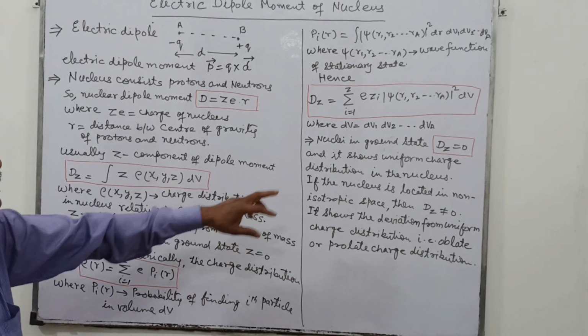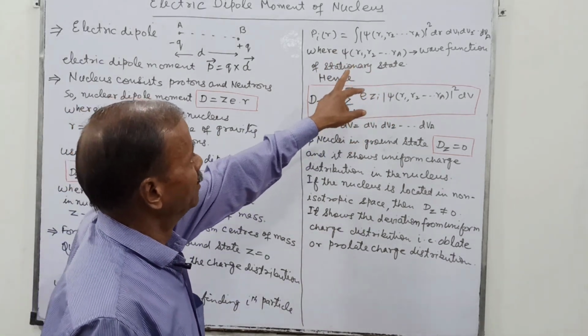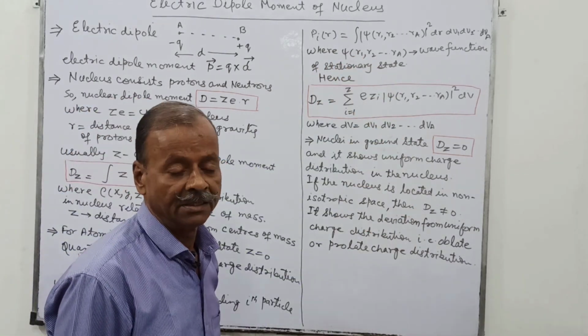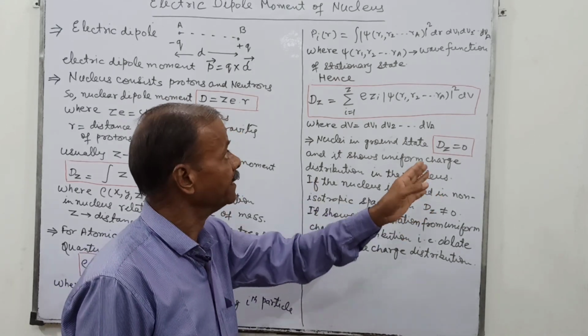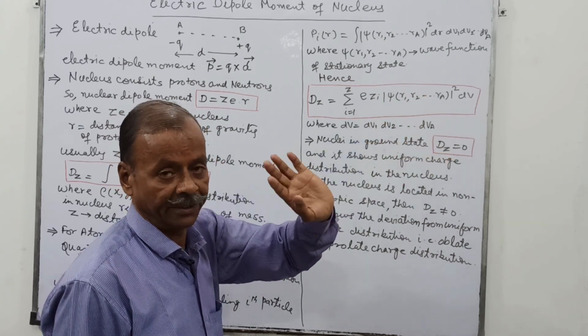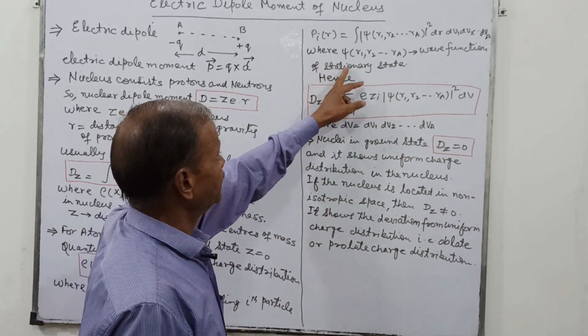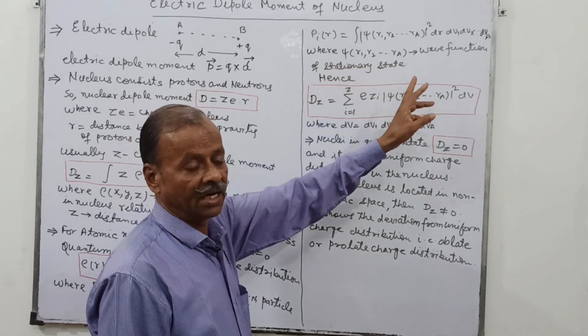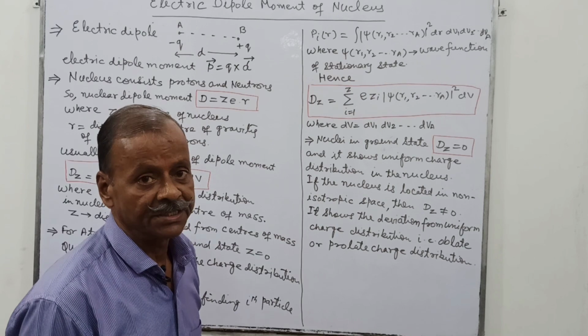Now this probability is given by the integral of the modulus of psi(r1, r2, r3 up to rA) squared, dV1, dV2 up to dVA. A is the atomic mass number, where this psi(r1, r2 up to rA) is the wave function of the stationary state of the nucleus.